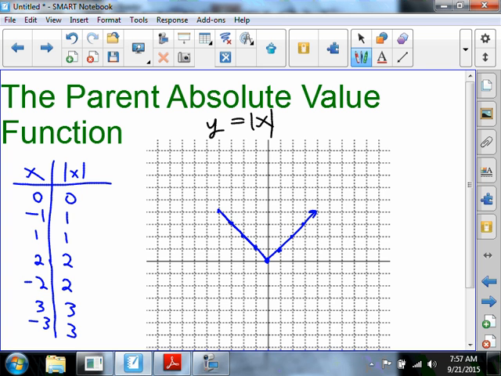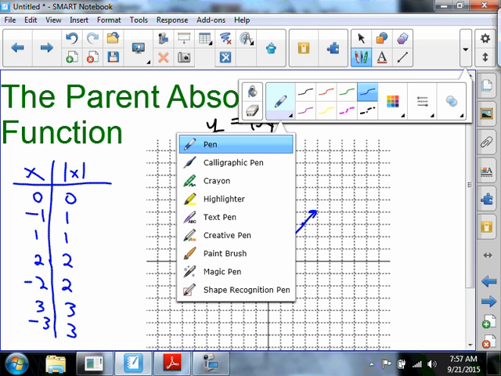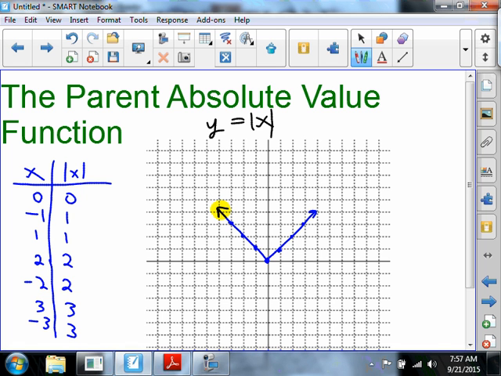When you graph these on paper, I do expect you to include those little arrows. That doesn't mean that the graph stops. It goes on infinitely, in fact.